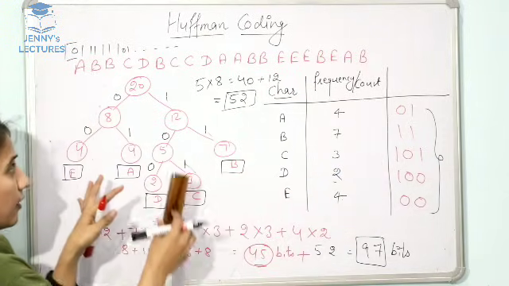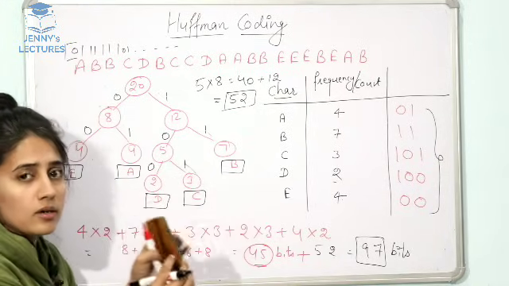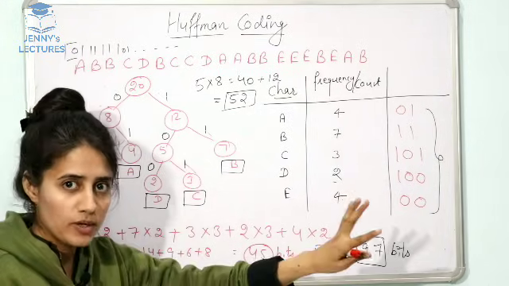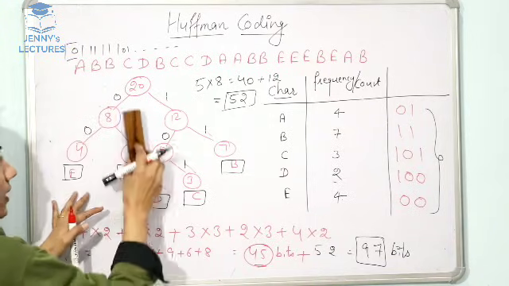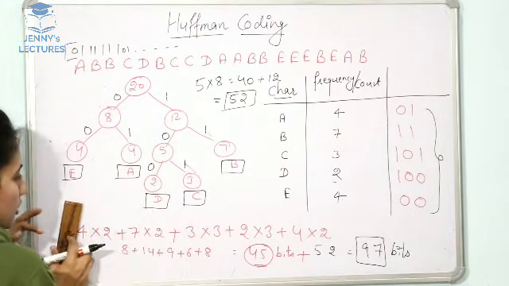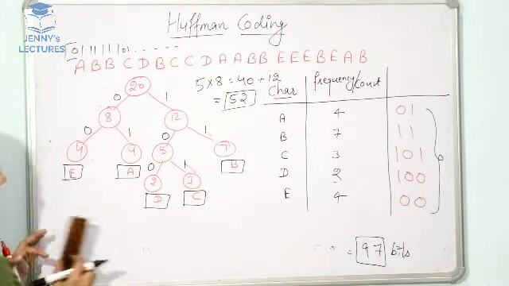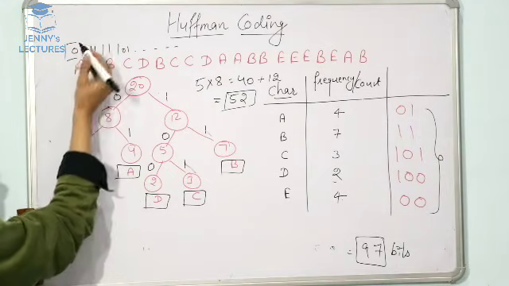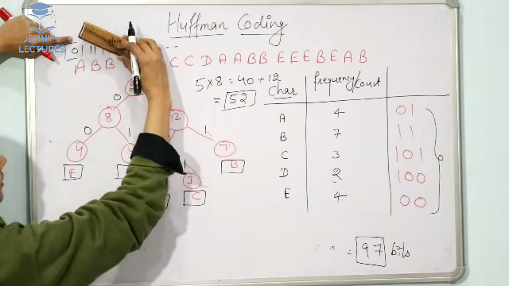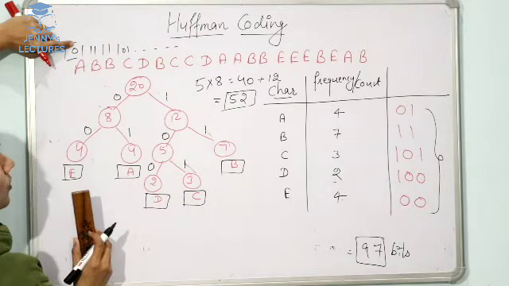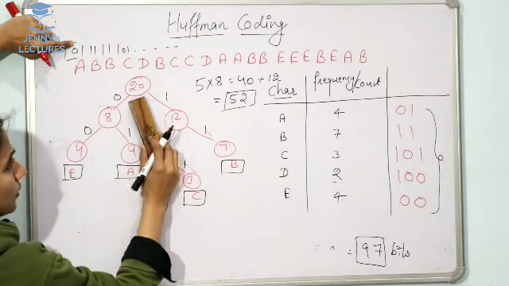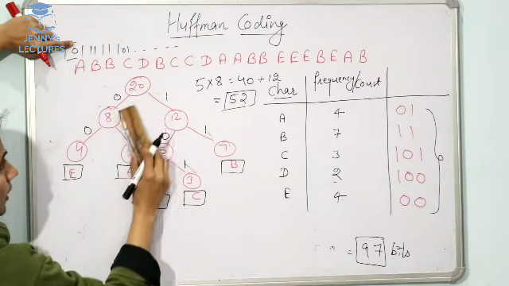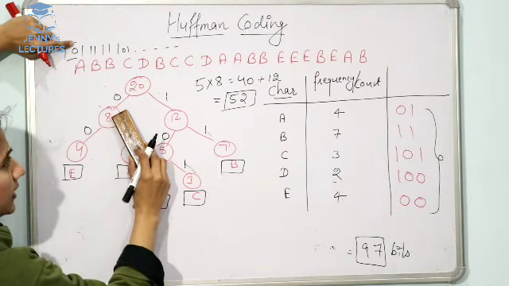Suppose the receiver has this tree in serialized form. Now how will the decoder decode this message? When the receiver sees the message 0, traverse the tree. From 0 where will you reach? To 8. Did you get any character?